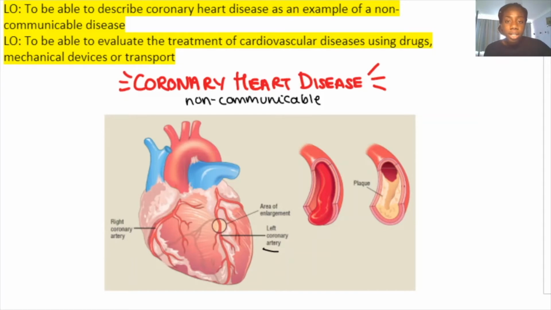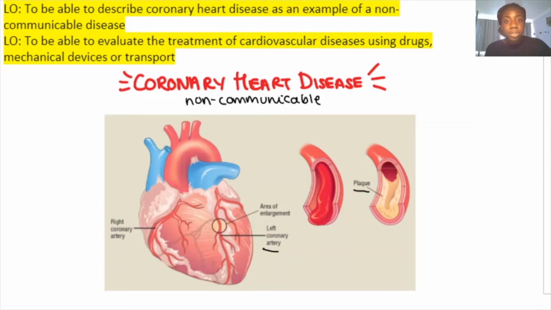So coronary artery disease occurs when these vessels become blocked with the buildup of fatty material, and this is known as a plaque. So obviously, if we have lots of material building up within our vessels, they are only a sort of finite space, and if we have a buildup of other materials, that blocks the flow of blood, and this means less blood is going to reach the heart.